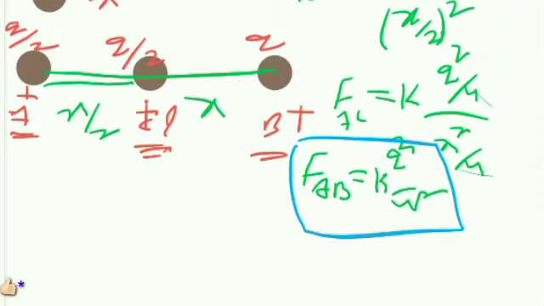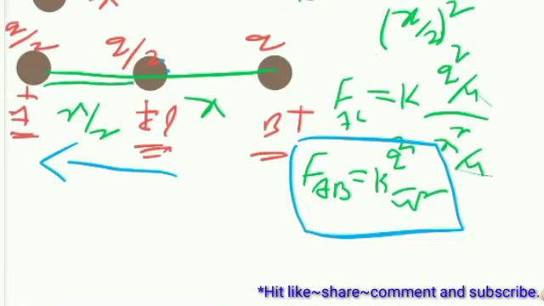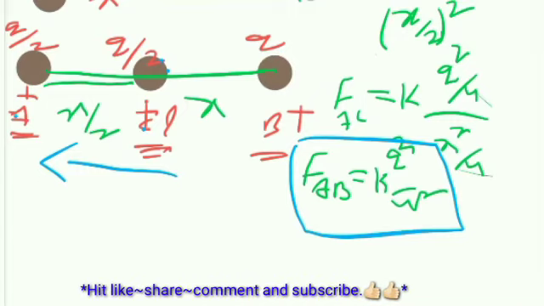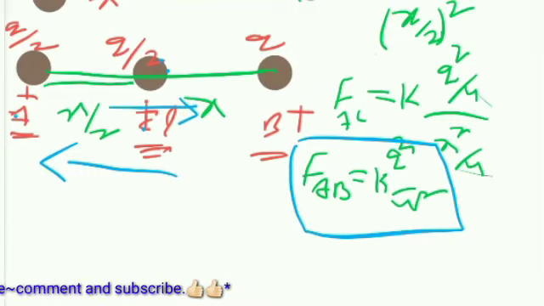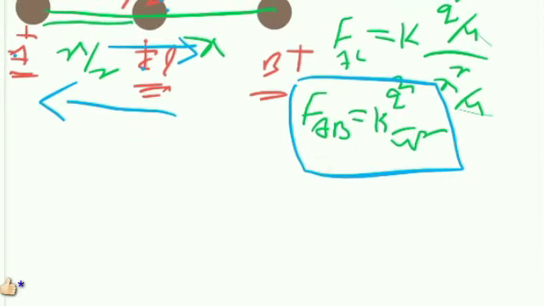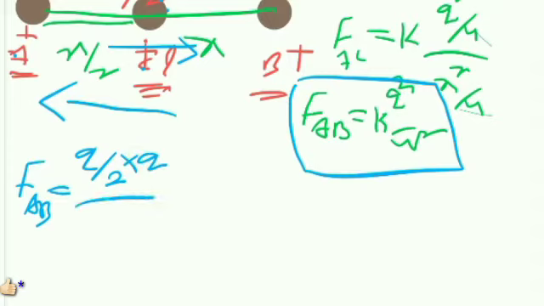Then the force between C positive and B also positive, here also a repulsive force towards the A side. A and C is a repulsive force toward the B side, but the resultant force is towards the A side. Then F AB is equal to Q by 2 into Q by x square.